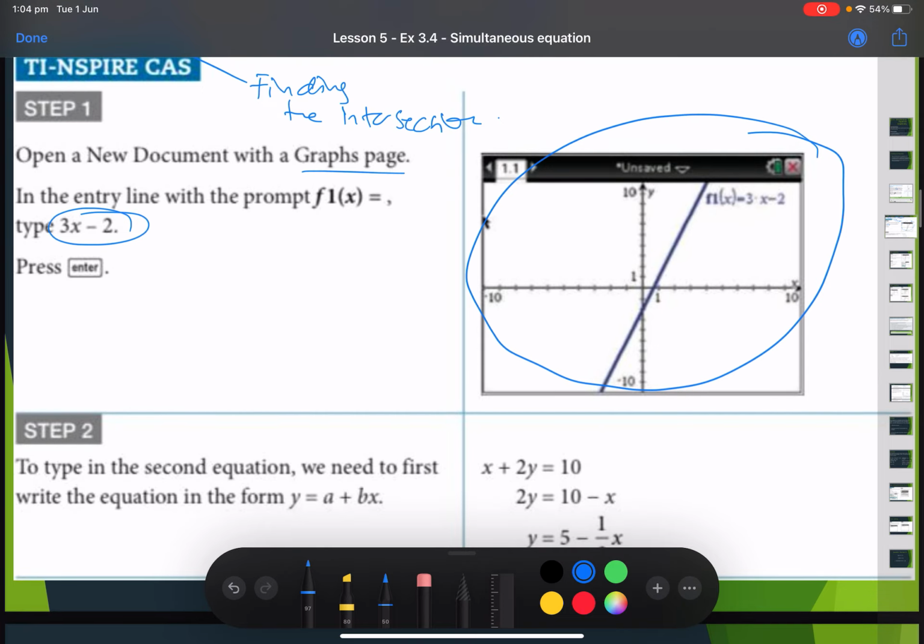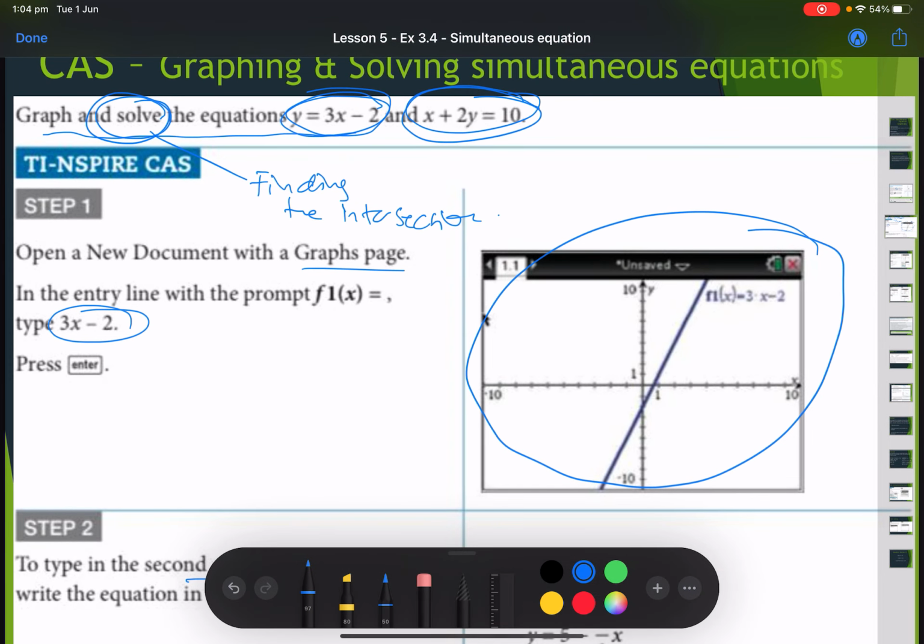Step 2 is typing in our second equation, but remember when you type an equation into a graph, it needs to be in the form y equals, so we just need to rearrange this. You can rearrange it using solve: solve x plus 2y equals 10 comma y, because we're solving for y, or we can just rearrange the equation.